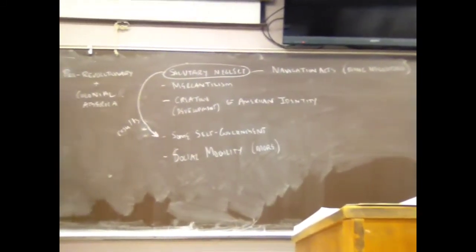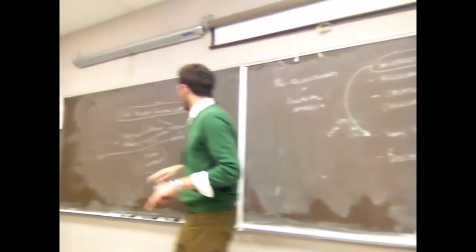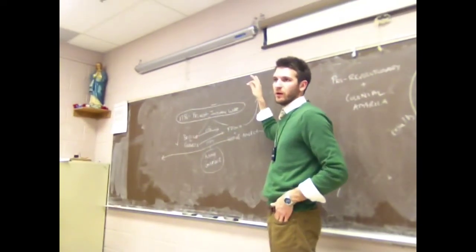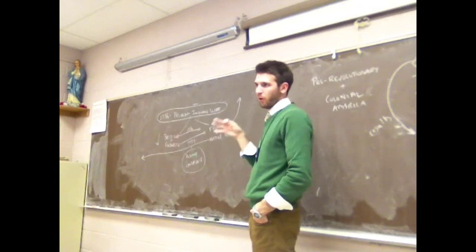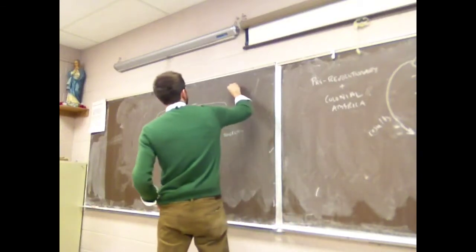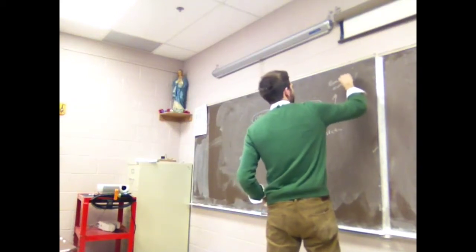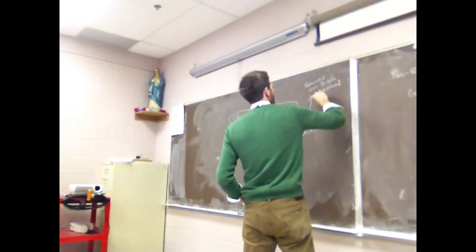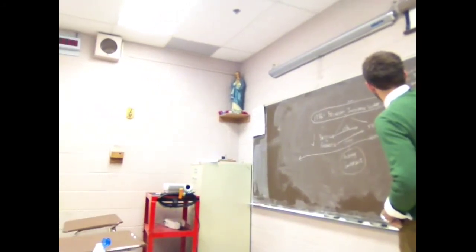So, as a result of the French and Indian War, there's two major results. One is that the French are going to be largely kicked out of what is the former British mainland North America, meaning basically they're kicked up to Canada.